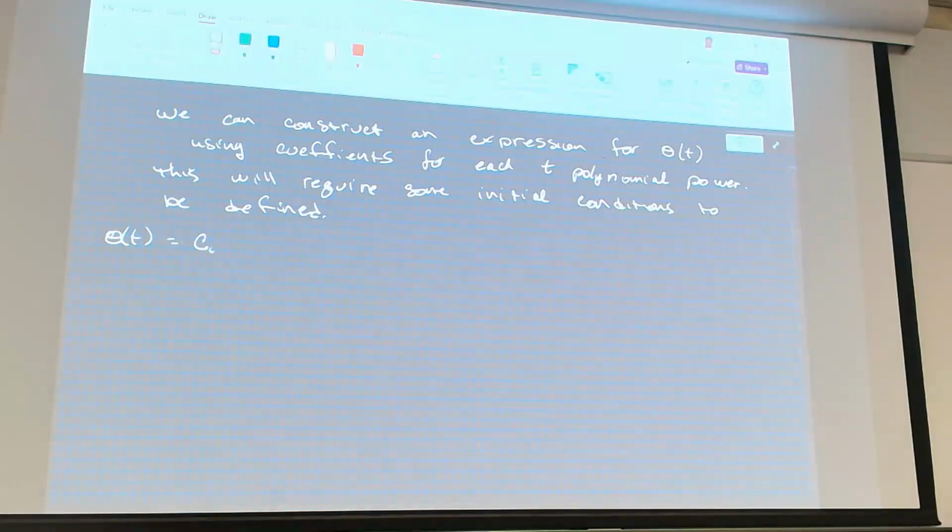where we have C naught, our initial position, plus C1 t, C2 t squared. That's it, right? C3 t cubed, exactly, it doesn't matter. For time initial to time final, at some initial theta to some final theta.